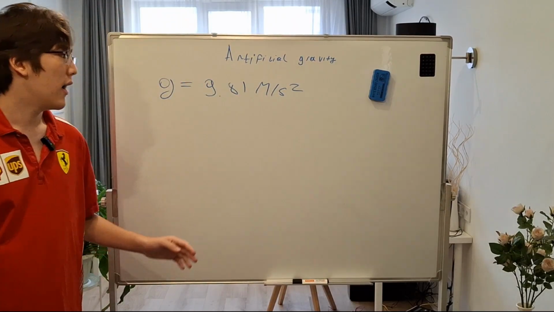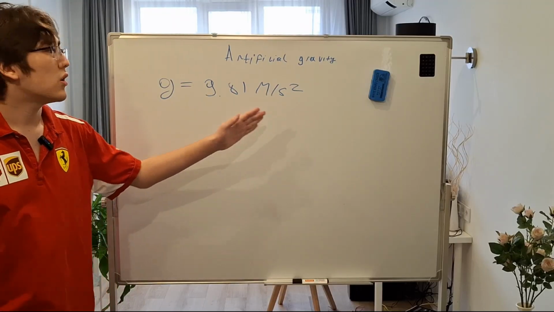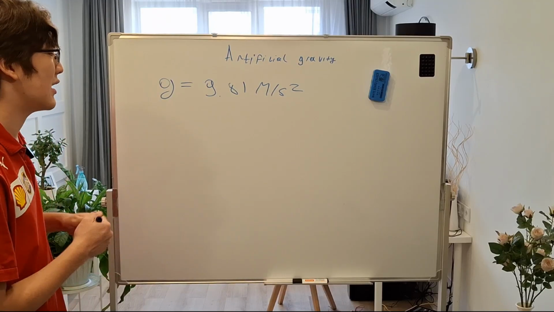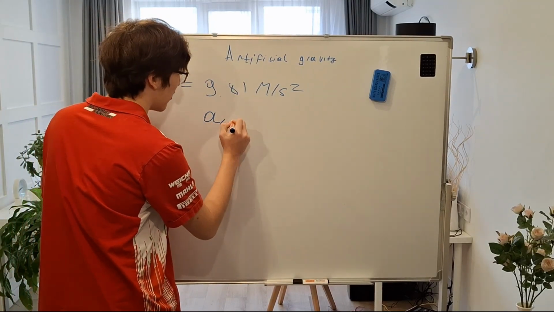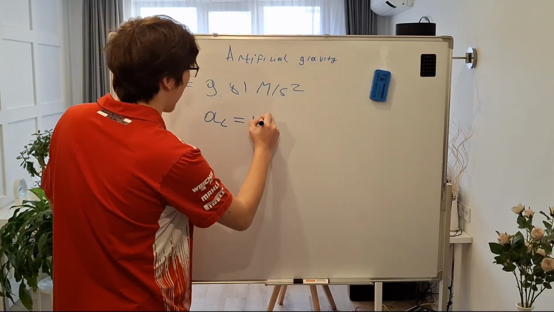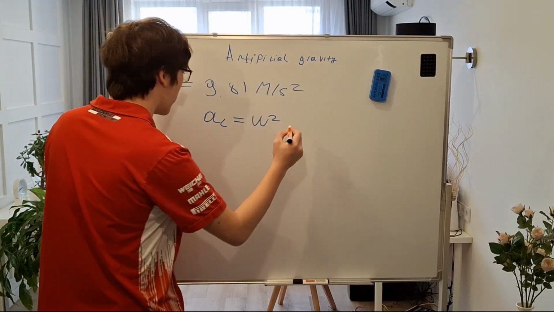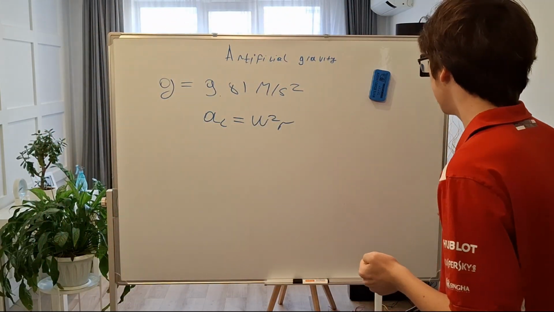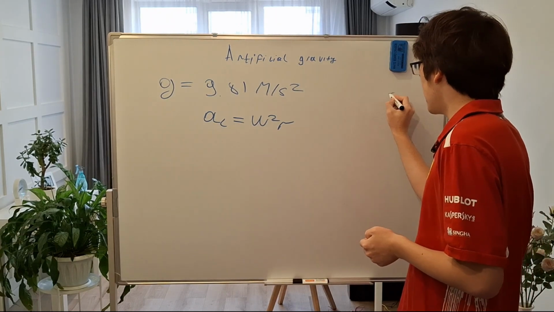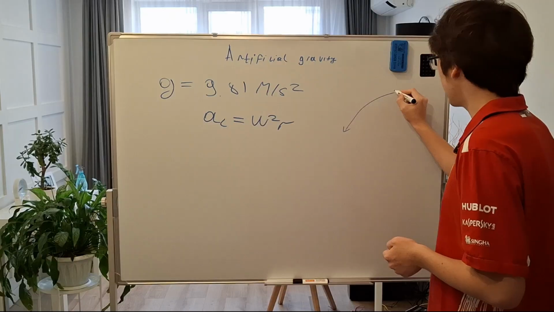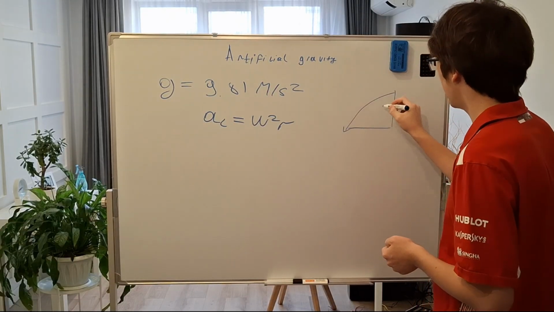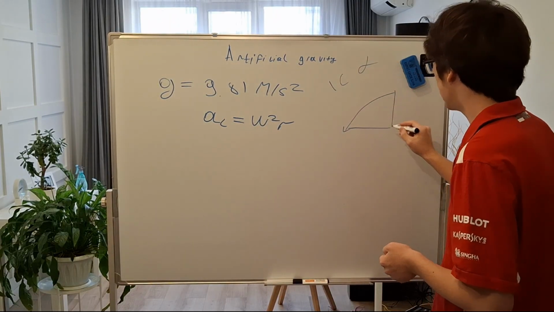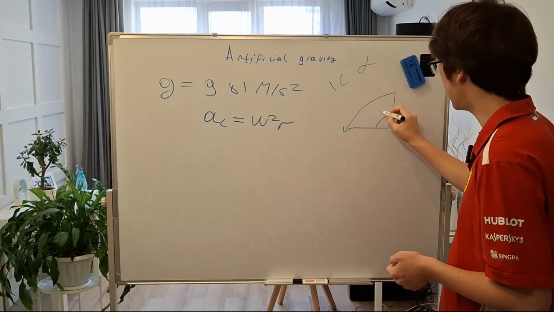So now, what is the formula for centrifugal acceleration? Centrifugal acceleration equals angular velocity squared times radius. Angular velocity: every time a body moves around a circle, in 1 second it passes an angle alpha.